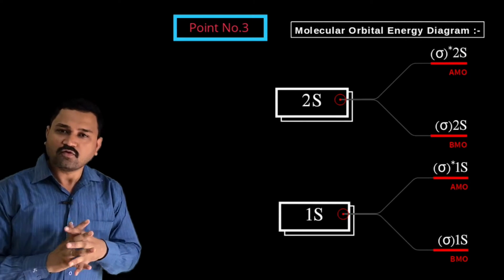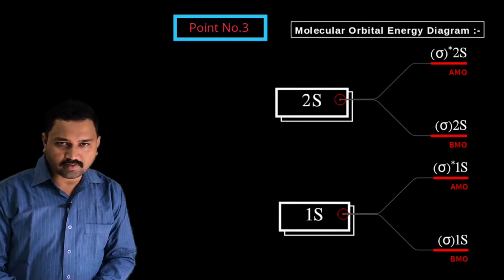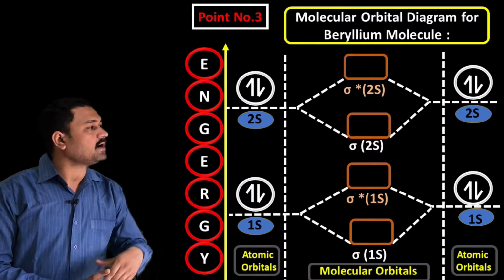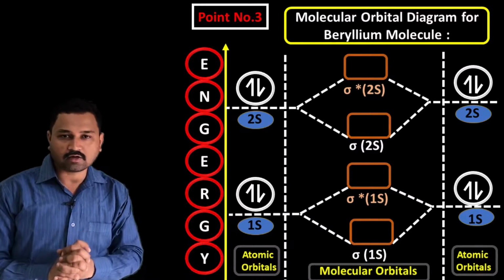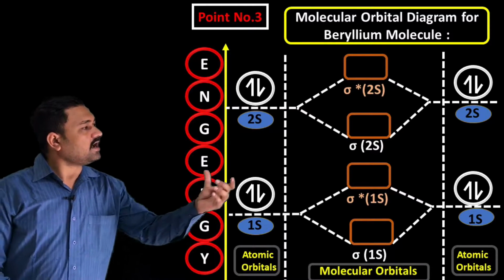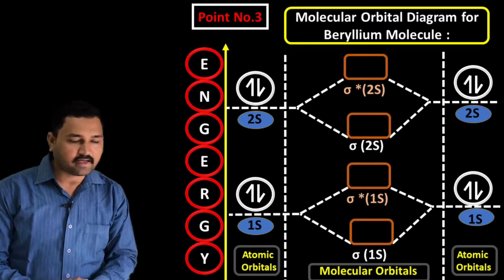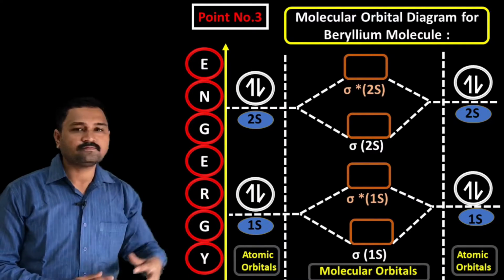Out of these 4 molecular orbitals, 2 are bonding molecular orbitals, that is sigma 1s and sigma 2s, while the remaining 2 are anti-bonding molecular orbitals, represented by sigma star 1s and sigma star 2s.